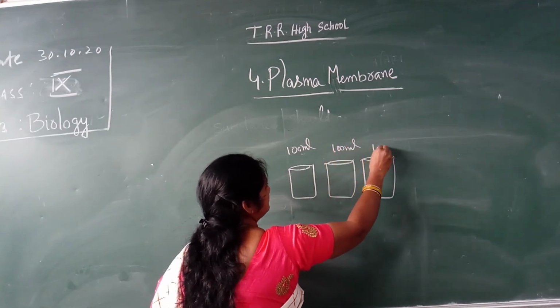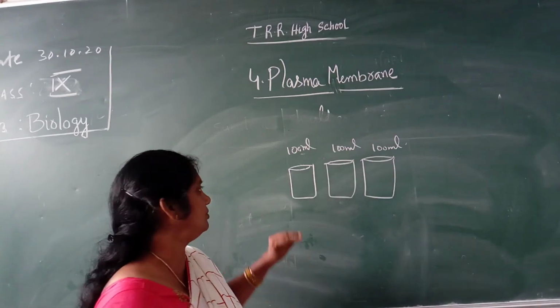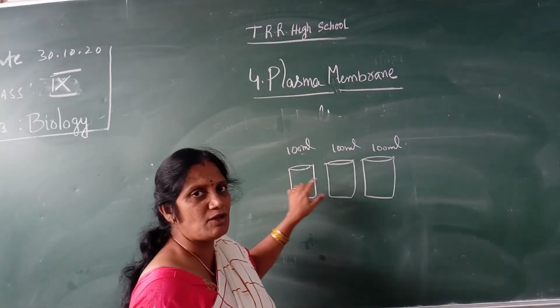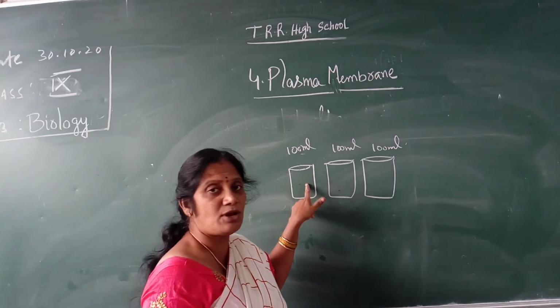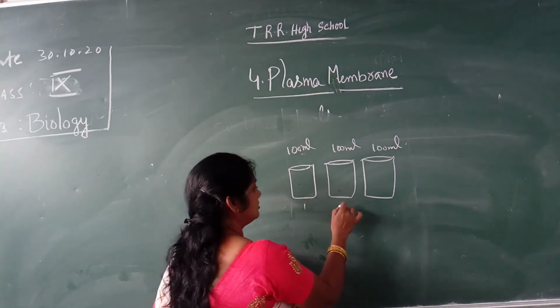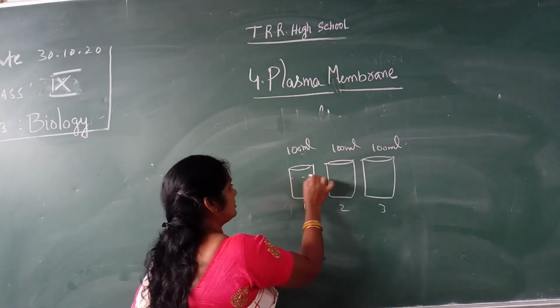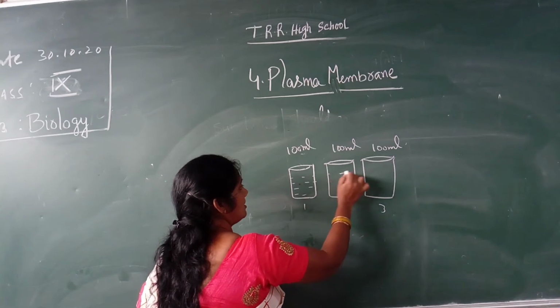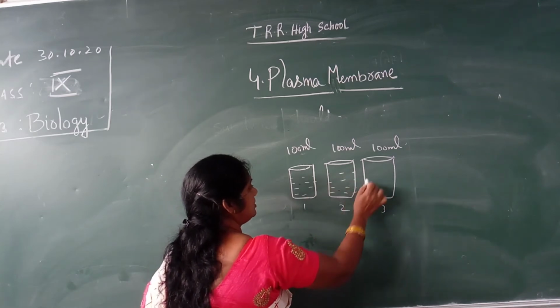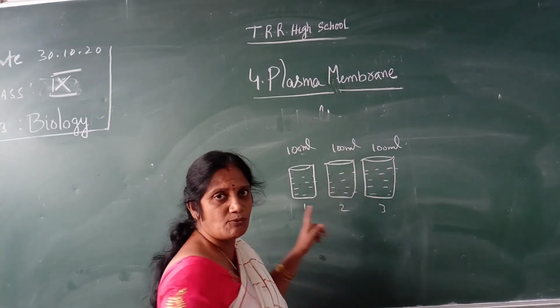Then what will you do? Take 100 ml of water in each of these beakers, beaker 1, 2, 3. Between all these three beakers, you take 100 ml of water each.